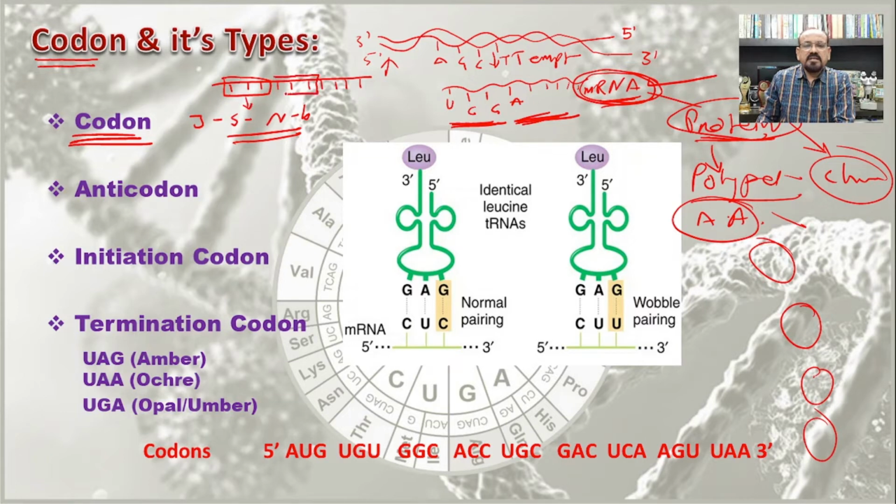Again the next 3 nitrogen bases will be another codon, and in this way such a sequence of 3 successive nitrogen bases is known as the codon. So this is the structure of mRNA, and 3 successive nitrogen bases present on the mRNA will be the codon.